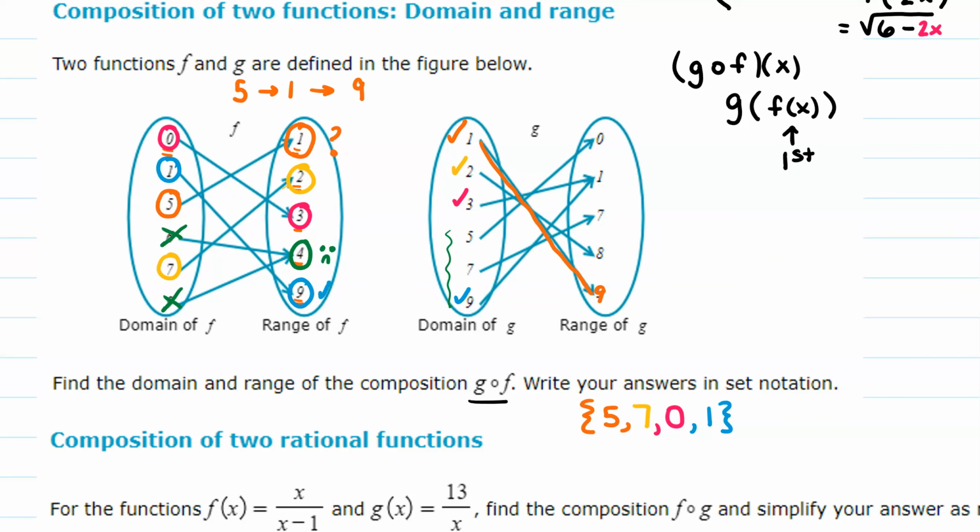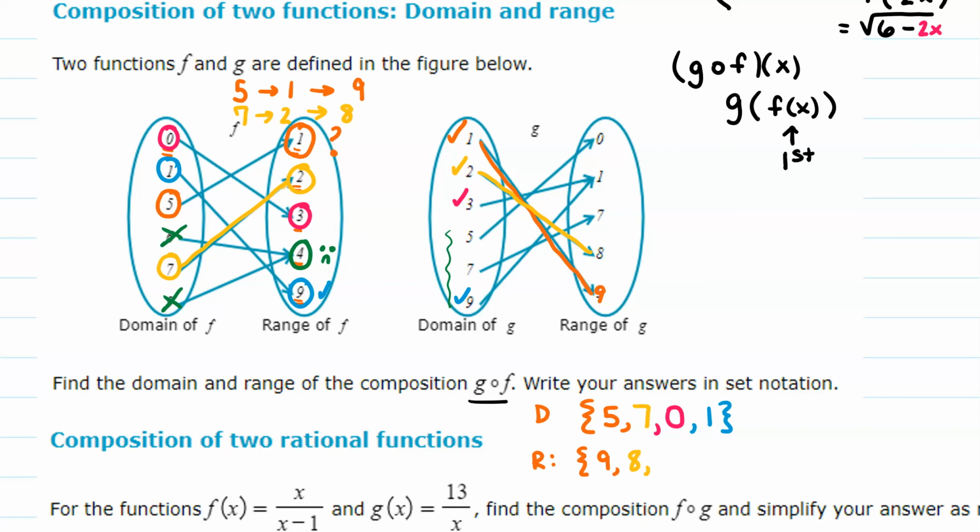So 9 is part of the range. Let's do the next one. So 7 goes to 2, and then 2 goes to 8. So 8 is part of the range.